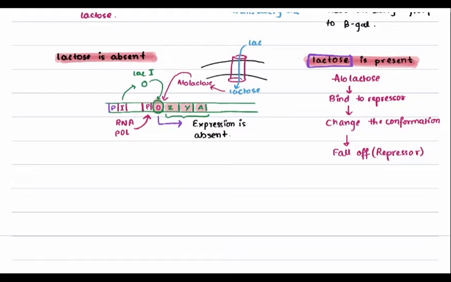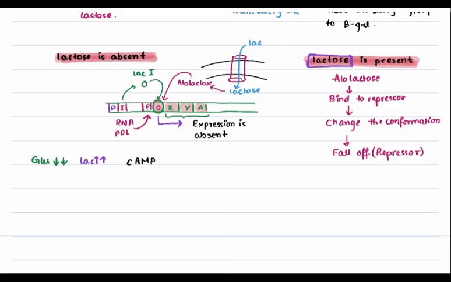Now, holding on to that thought, when glucose is low and lactose is high in the medium, there is a molecule inside the bacterial cell called cAMP, cyclic AMP, which is the cyclic form of adenosine monophosphate.